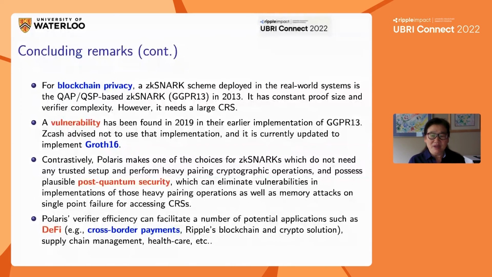Of course, Polaris's verifier efficiency can find some potential applications in DeFi, such as blockchain and crypto solutions, and supply chain management. Basically, we also extend our work to supply chain management, which is the work we have done before.